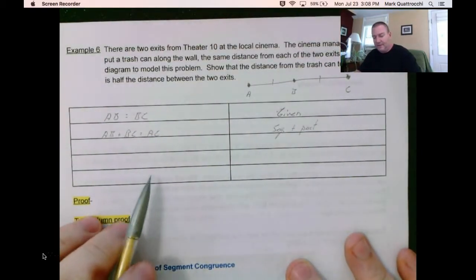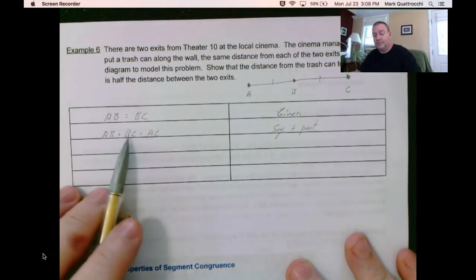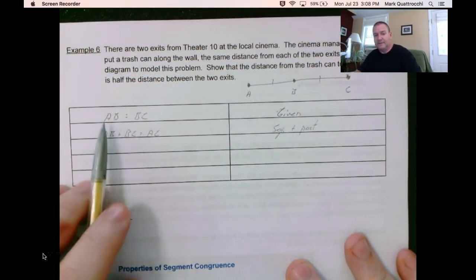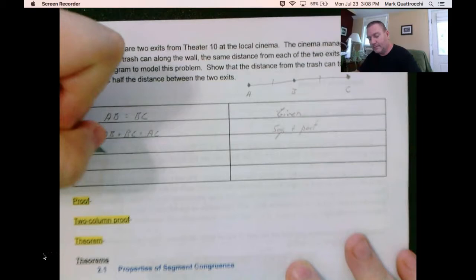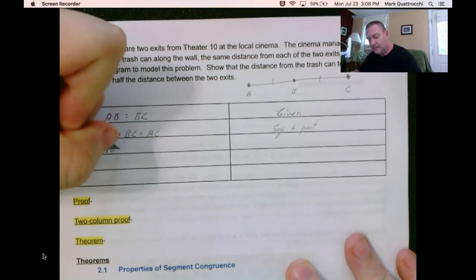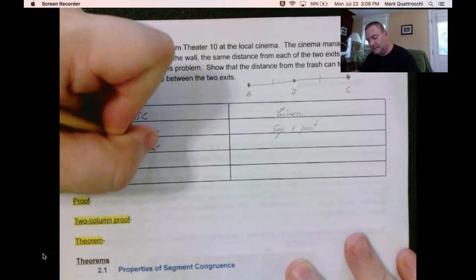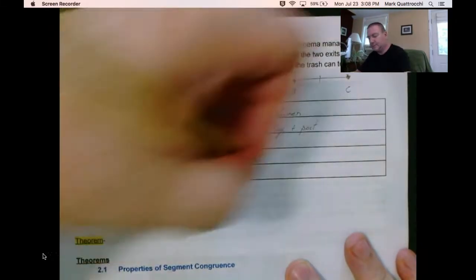Okay, if I replace, I have a choice here. I'm going to replace the BC with something that it's equal to. Well, BC is equal to AB. So I'm going to write AB plus AB equals AC. That's just substitution.